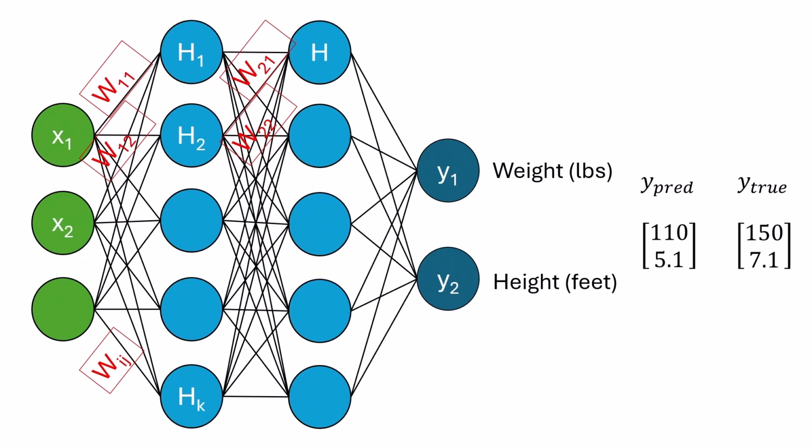Let's say we collect a lot of people's data, and then we can make random predictions, 110 pounds, but the ground truth is 150 pounds. Then we measure the error, the loss. Previously we had squared loss, but there are other losses.